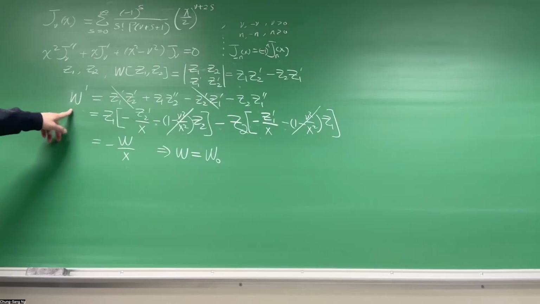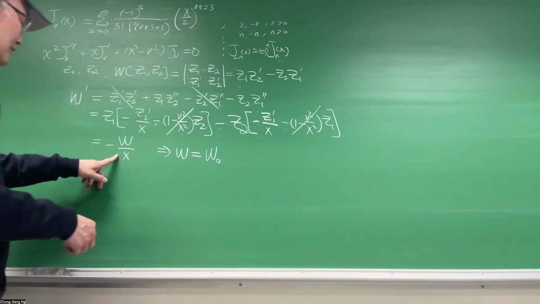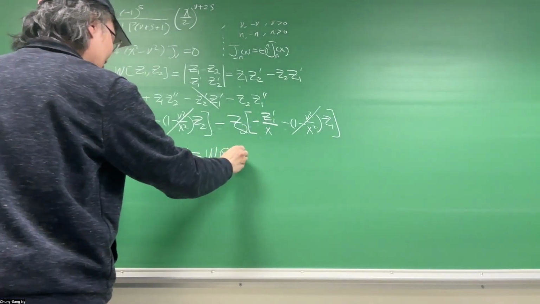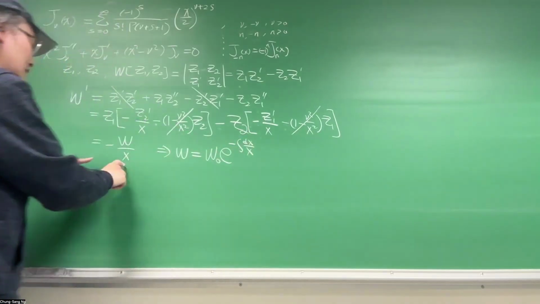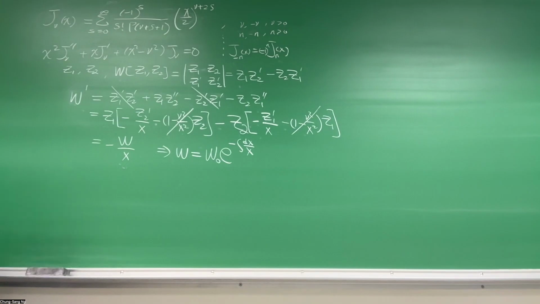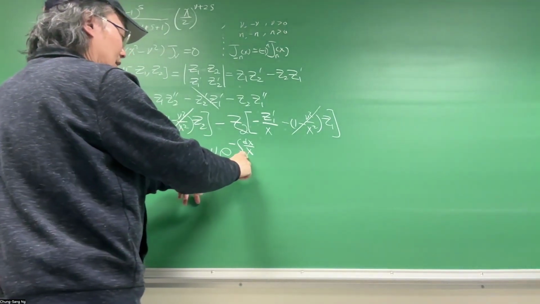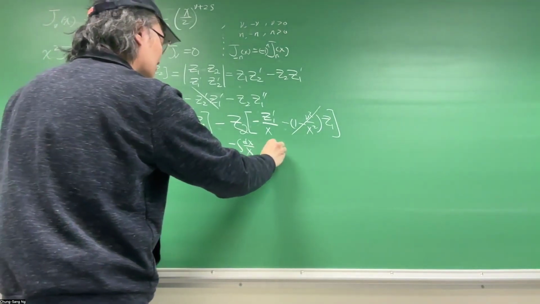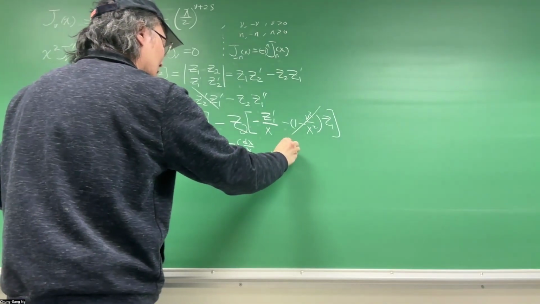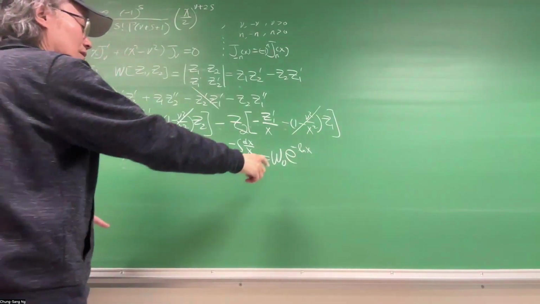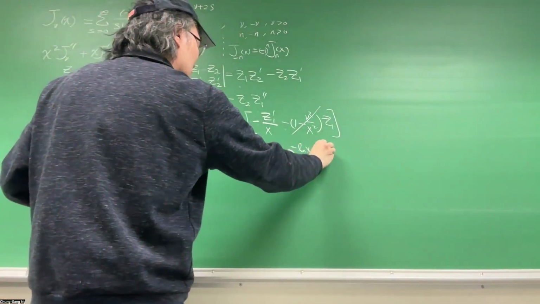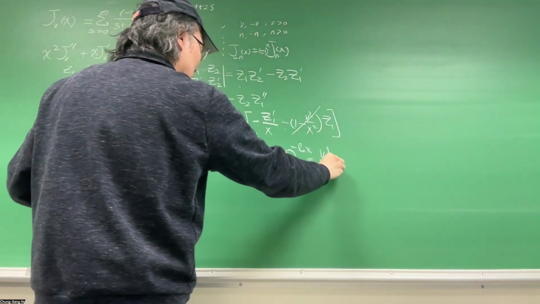So it's W prime divided by W, integrated, gives log W. And then W becomes an exponential function of the integration of this coefficient, dx over x, which integrates to log x. It's W0 exponential of minus log x, so W equals W0 over x.